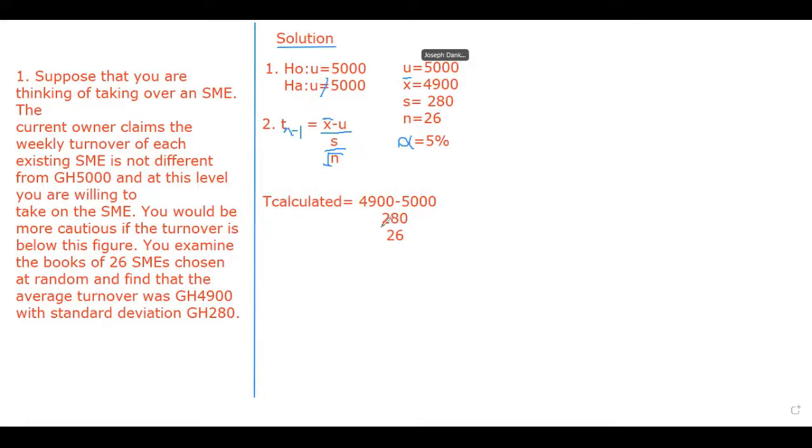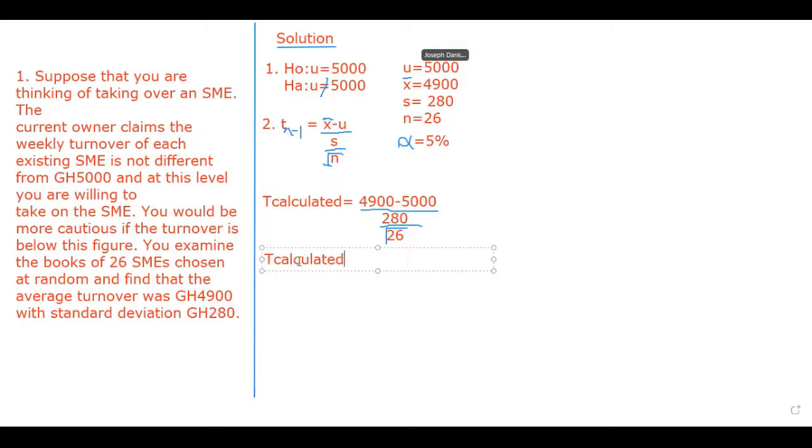Okay. So you get negative 1.82. So we are going to get what? Negative 1.82. Okay, so these are T calculated, right?